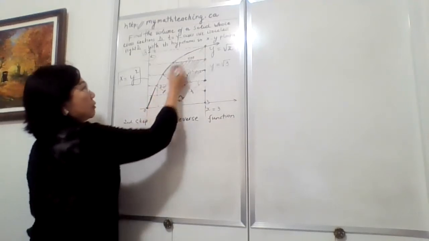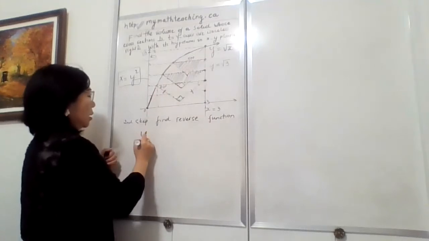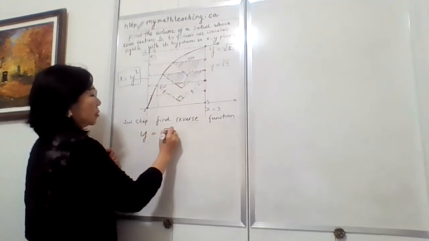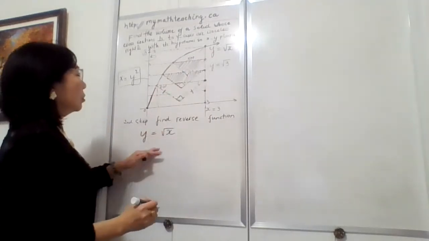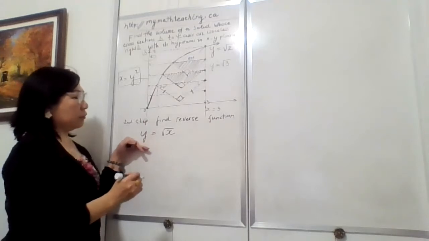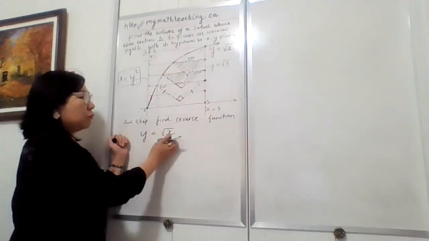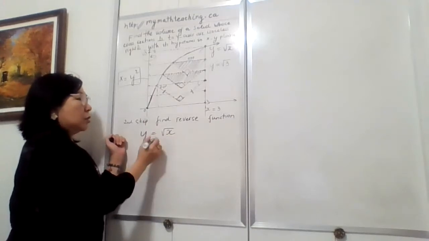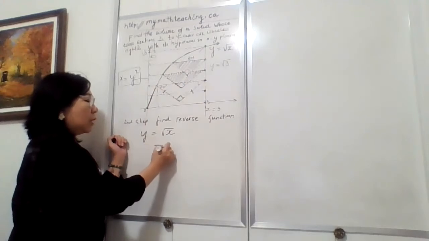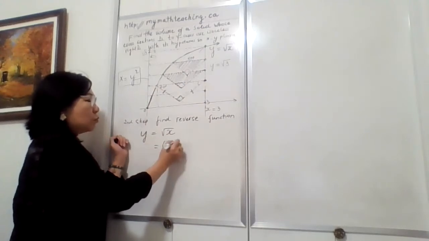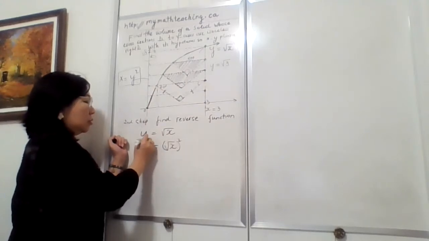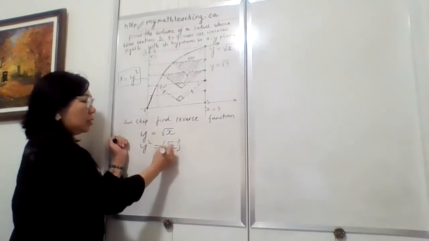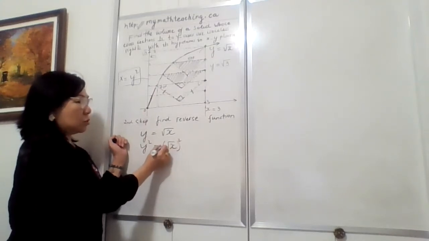So we have this function, y equals square root of x. To find the reverse function, we have to solve for x in terms of y. To solve for x in terms of y, we square both sides, right? So the power here cancels with the root.